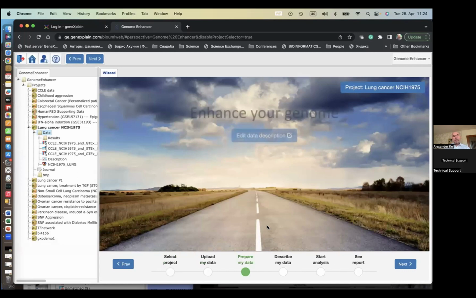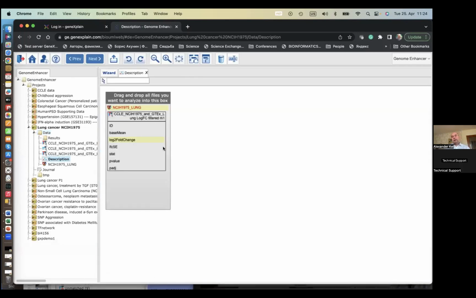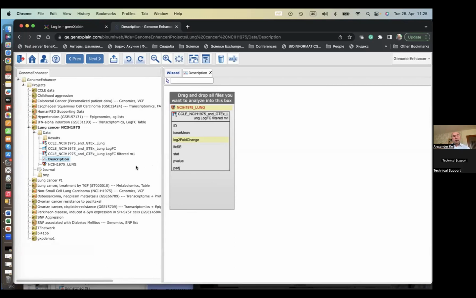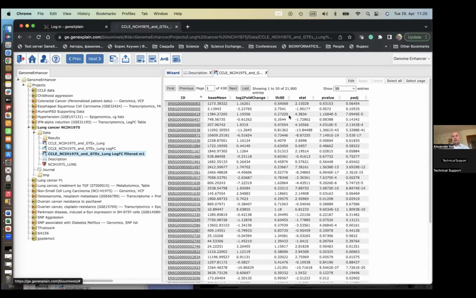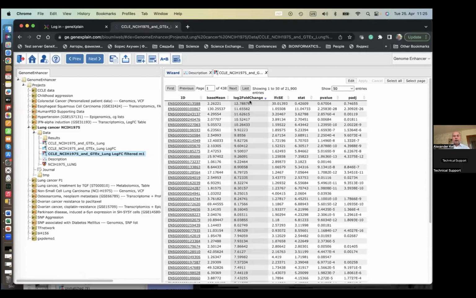All right, so we go next, and this is just how the system works. You take your data, you drop it in this box, and it shows you which columns each table has. For instance, in the table I dropped here, we have transcriptomics data with log fold change, where you see upregulated genes and downregulated genes, and you have the p-value and adjusted p-value.